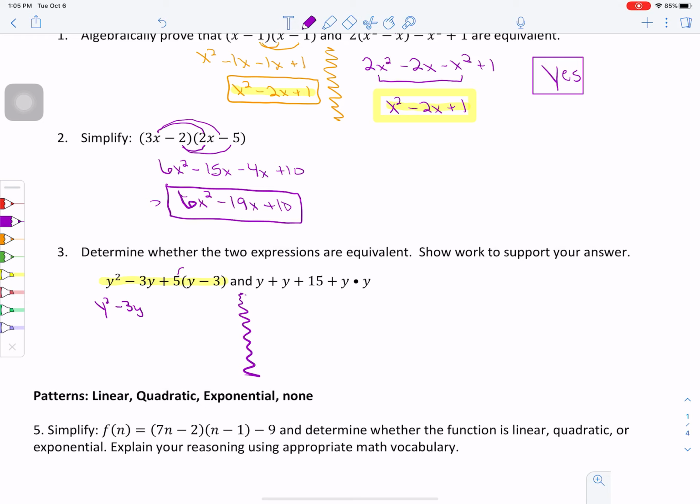We're going to multiply 5 times y, which is 5y. 5 times negative 3 is a negative 15. Watch out for your negative signs. And then we're going to combine like terms together. We have y squared plus 2y minus 15.